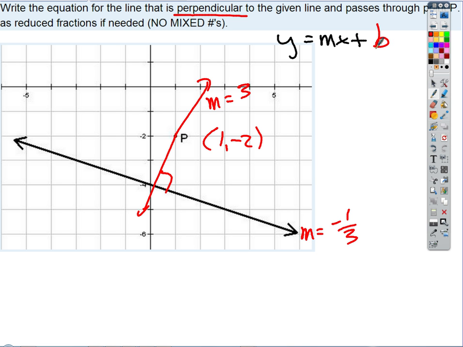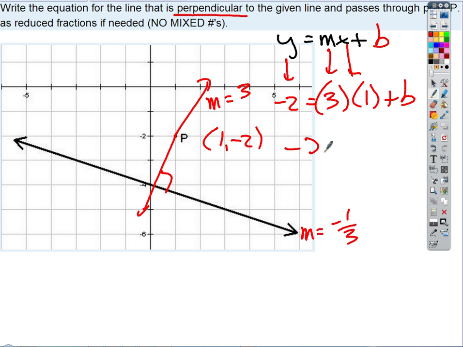Good. Okay. So then that's going to give me Y is -2, M is 3, X is 1. It's easier math this time. -2 equals 3 times 1 is just 3, right? Okay. So then what do I do to get the B by itself?